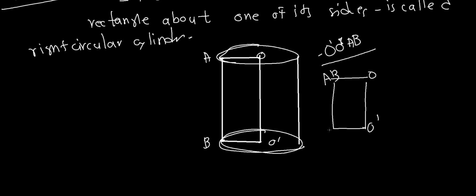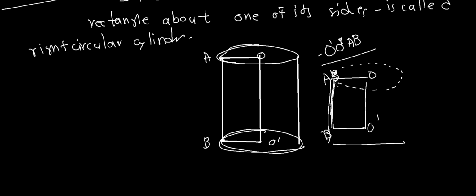Imagine we revolve this rectangle in a circular path. This forms the cylinder, and the figure represents an instance of that revolution.